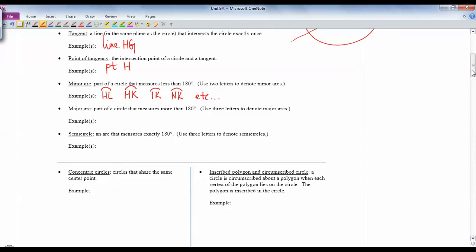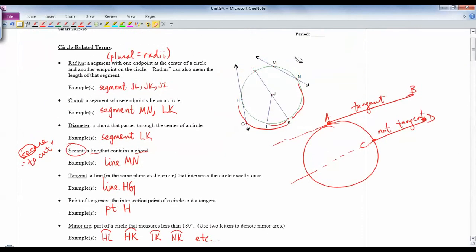A major arc is an arc that takes up more than 180 degrees. So for example, let's say I started at L and wanted to go all the way around to K. That would be half the circle, and then a little bit more, so that I ended up at I there. So that would start at L, end at I. And if I just wrote LI, that means the smaller one.